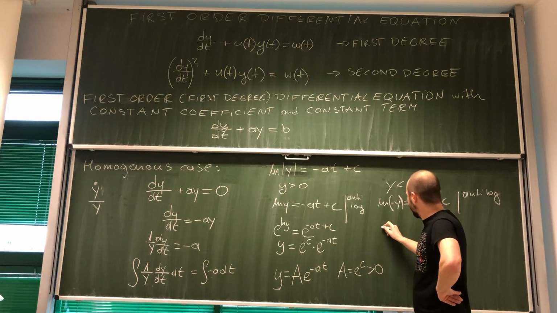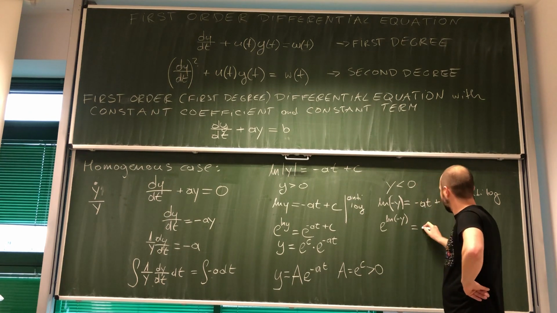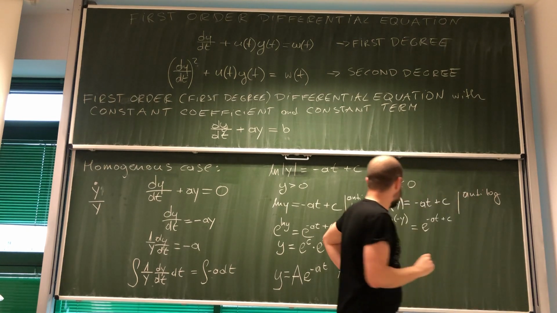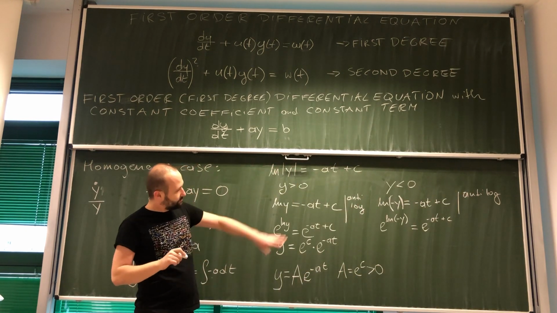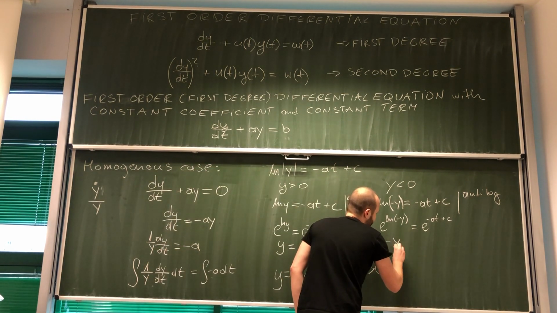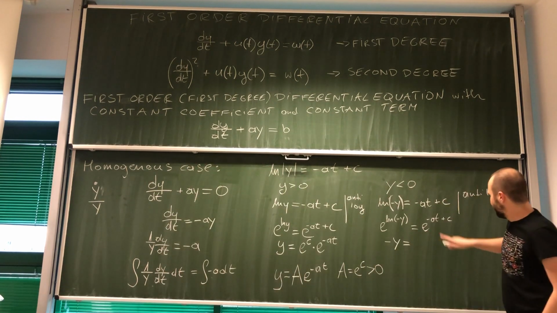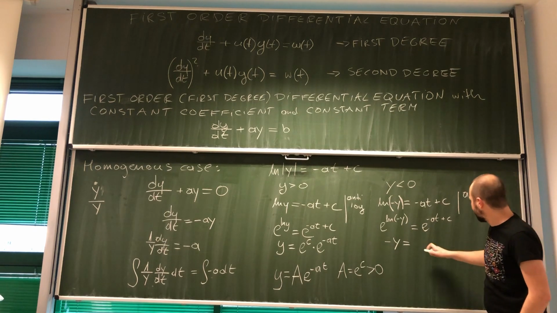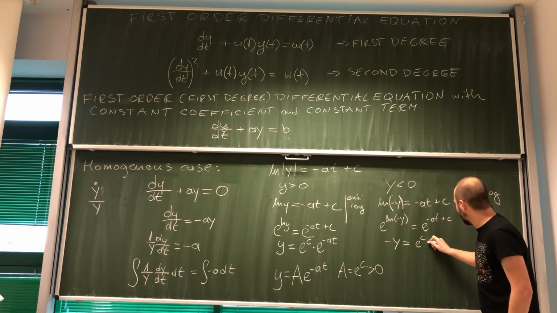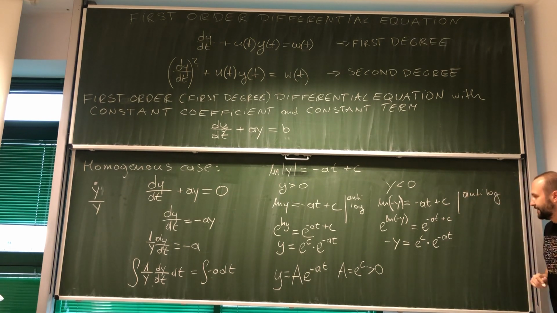and as a result, I'm getting e to the power ln negative y equals e to the power negative a t plus c. And look, we will use the same trick here. So I'm going to get negative y over here. And over here, I'm going to do the same trick as before. So I'm going to put e to the power of c up front times e to the power negative a t.